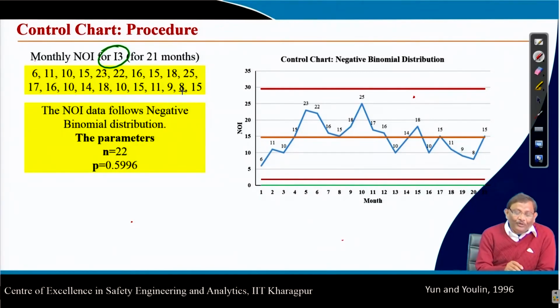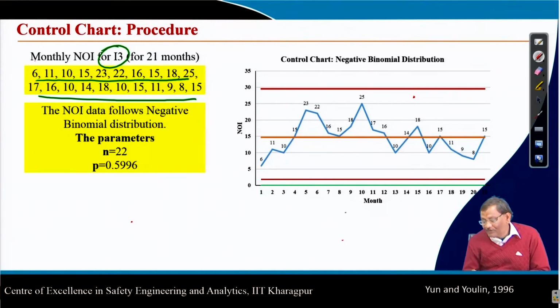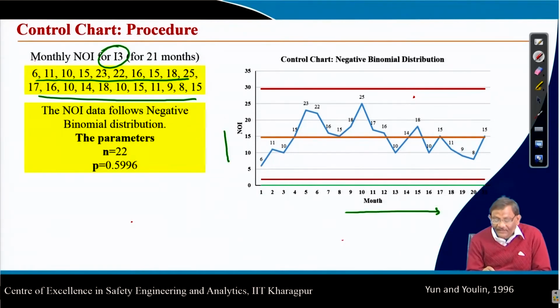So if I know the way the incidents are occurring, in the first month 6, second month this kind of thing, and if you plot the month on this side and the number of injuries or incidents on this side, you get a plot like this. You can see some kind of zigzag lines.